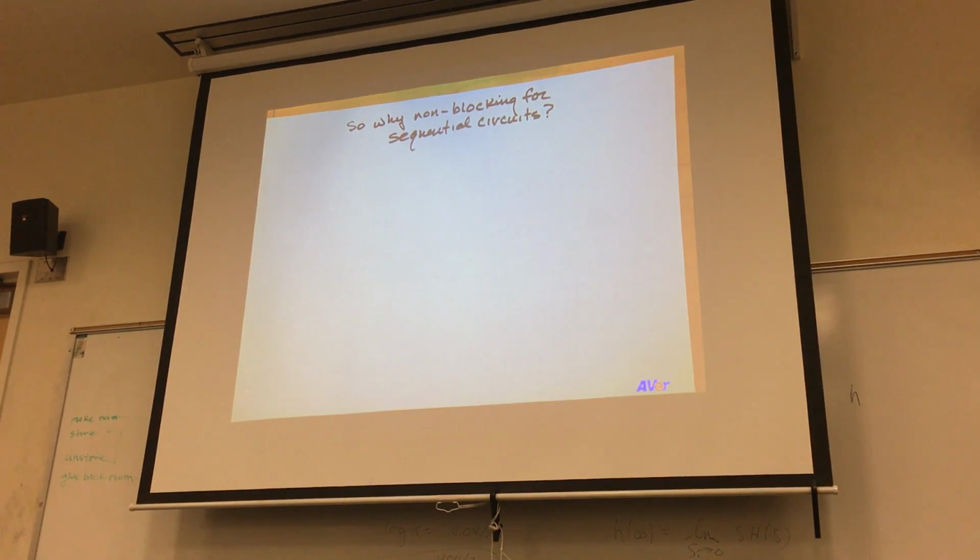Well, you don't run into the same kind of problems that you would with using the non-blocking assignments for combinational logic. And this kind of depends on the semantics of what you're trying to do.